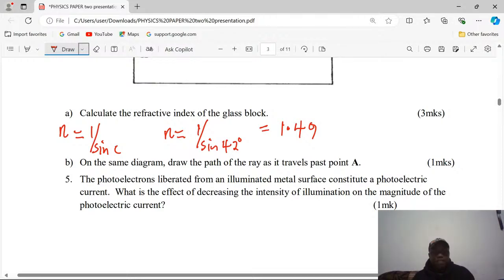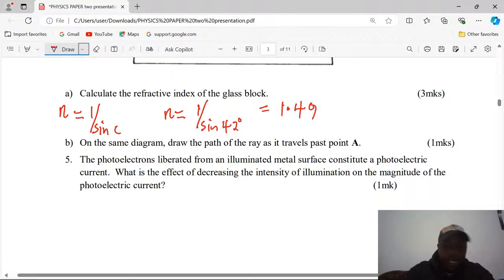What is the effect of decreasing the intensity of the illumination on the magnitude of the photoelectric current? So the photoelectric current, which is produced during the photoelectric effect, is usually directly proportional to the intensity of the radiation which is causing the illumination.